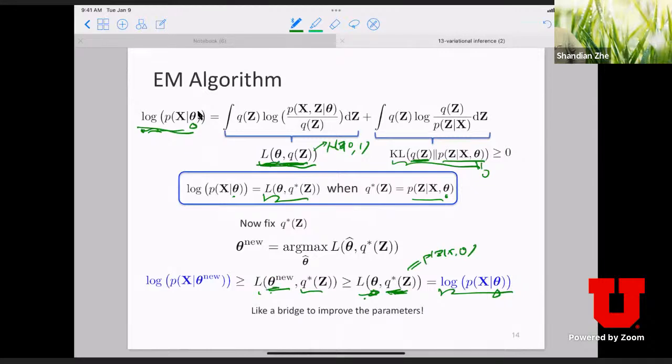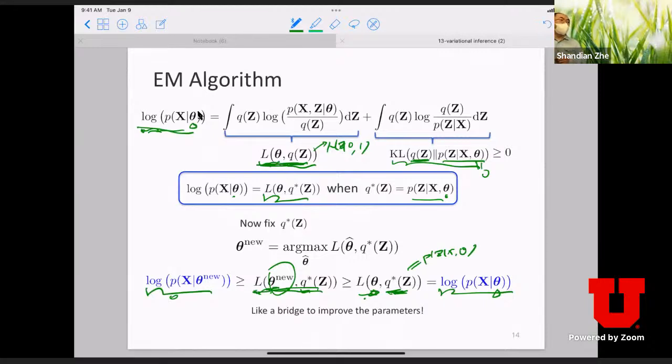And again, in all cases, this lower bound will be less than or equal to the log model evidence at theta new. So you can see that this theta new actually increases the log model evidence. But we never need to explicitly maximize the log model evidence itself. We just need to maximize the lower bound.